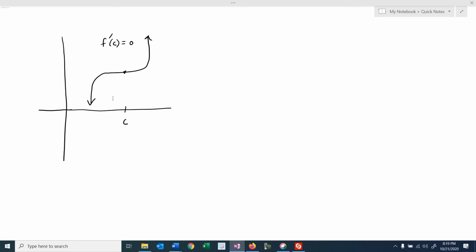But when you go to classify it using the first derivative test, you would notice that it's increasing on the left side of c, but it's also increasing on the right side. Of course, it could also be the case that it's decreasing on the left and then decreasing on the right. So it could be a situation that looks like this.